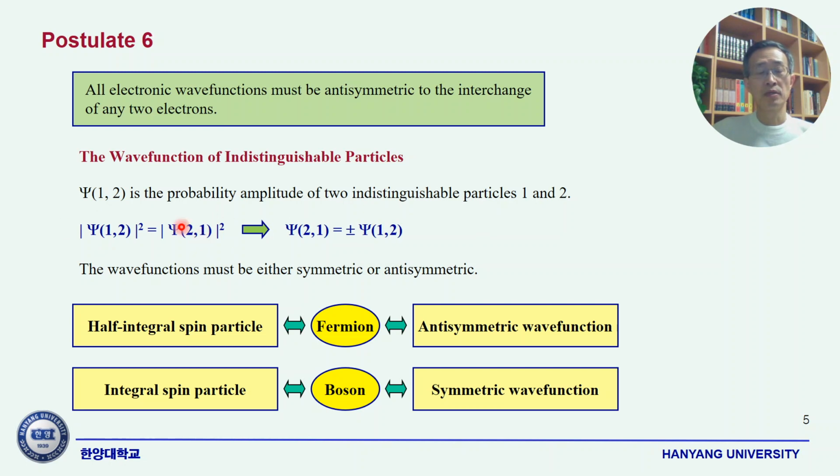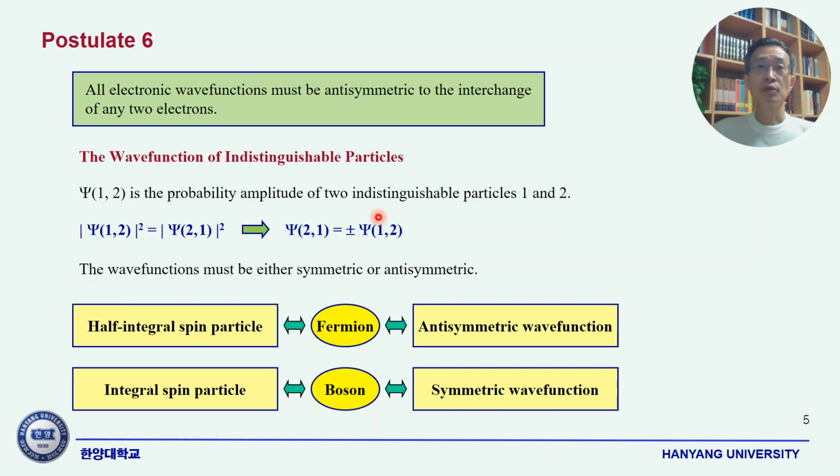If this condition is met with a plus sign, we call that symmetric. If it is met with a negative sign, we call it antisymmetric. So either symmetric or antisymmetric is required for indistinguishable particles, if they change position or the particle itself is interchanged.